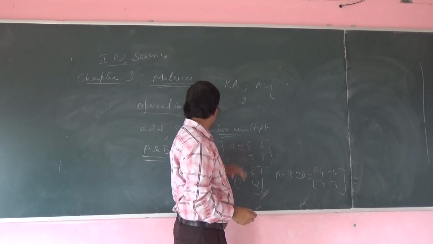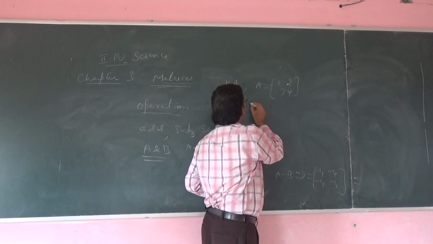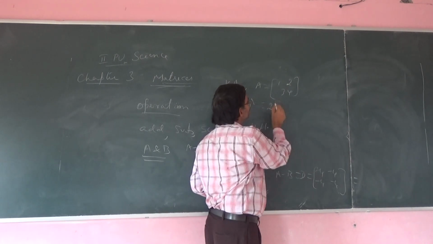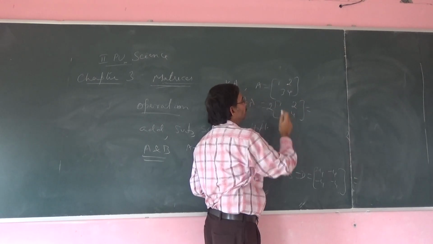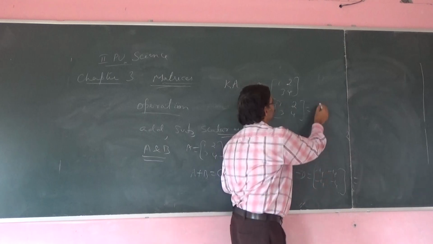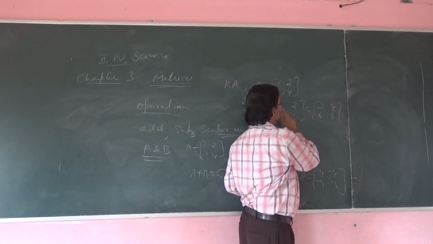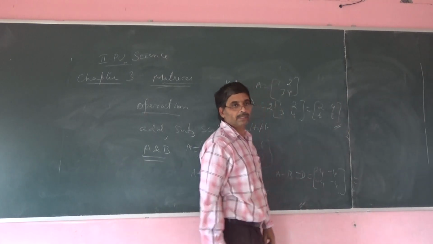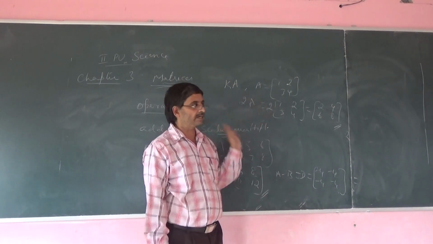Any example will do for that matter. What is 2A then? 2A is 2 into 1, 2, 3, 4. How is it done? Multiply: 2 into 1 is 2, 2 into 2 is 4, 2 into 3 is 6, 2 into 4 is 8. So this is scalar multiplication. Each and every element is multiplied by the scalar.